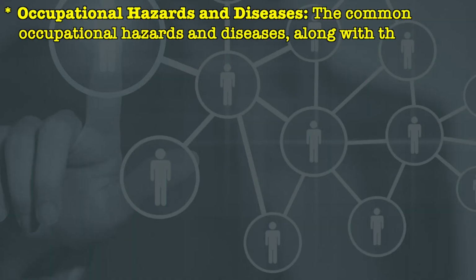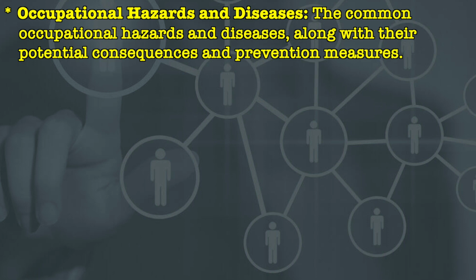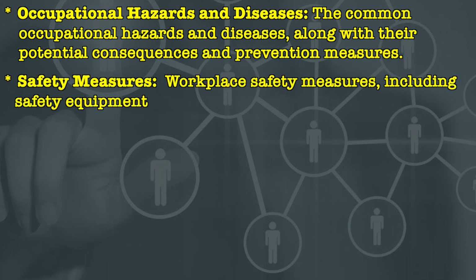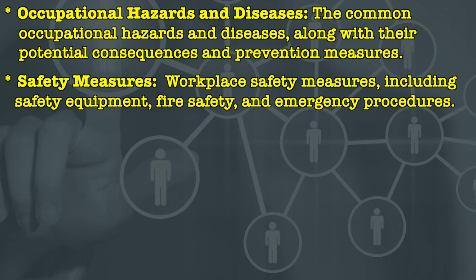Next, we discussed occupational hazards and diseases, the common occupational hazards and diseases along with their potential consequences and preventive measures. Next, we saw workplace safety measures, including safety equipment, fire safety equipment, and emergency procedures.